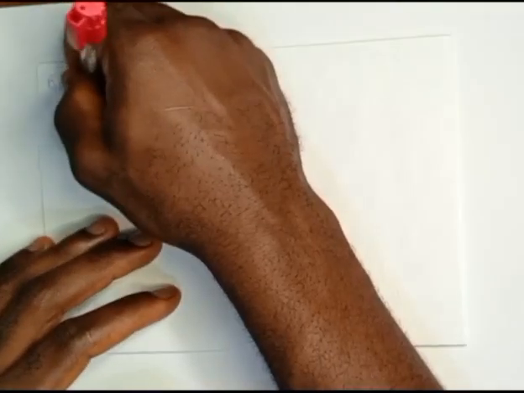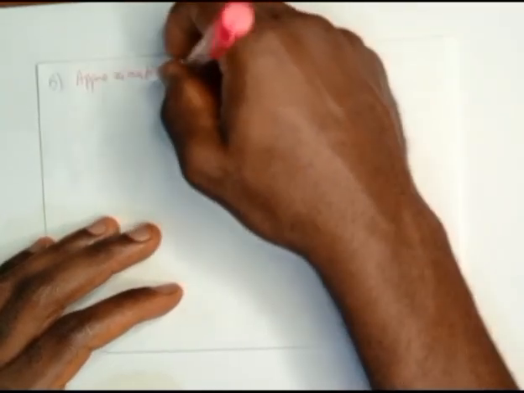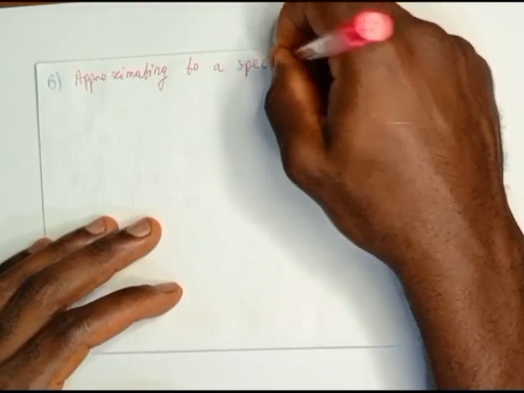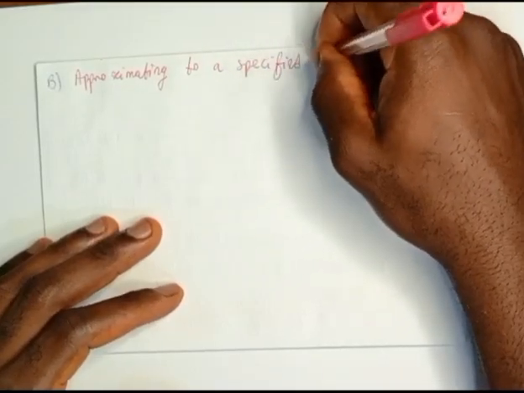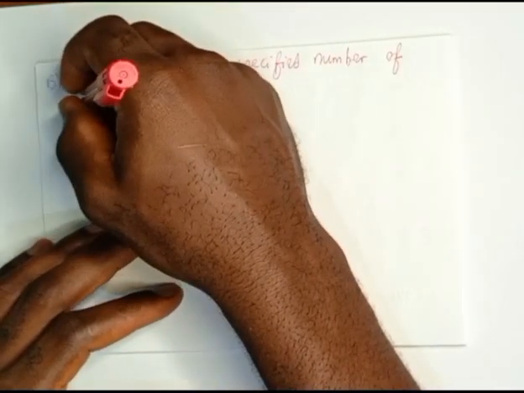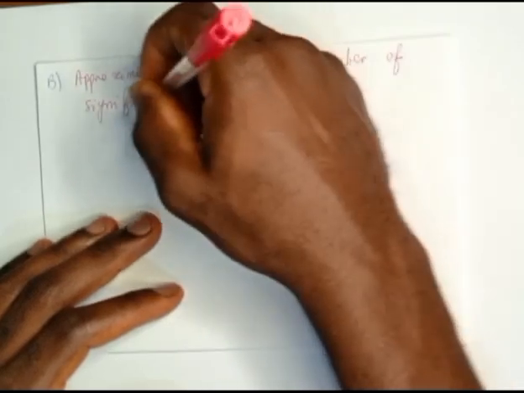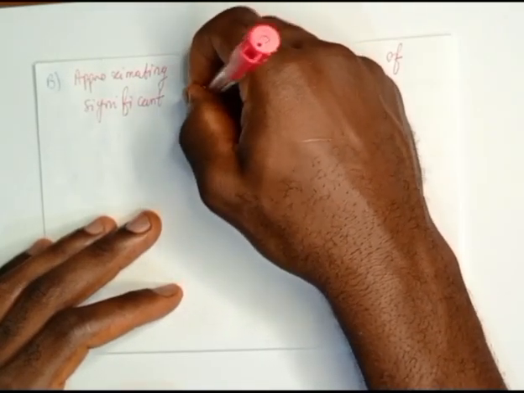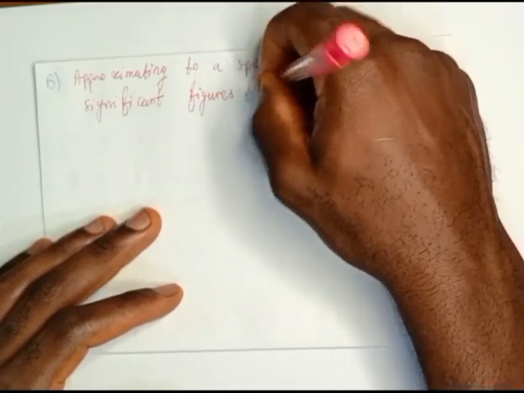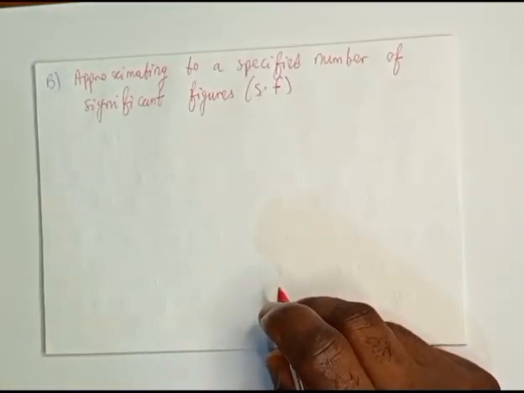Approximating to a specified number of significant figures (SF). SF stands for significant figures.